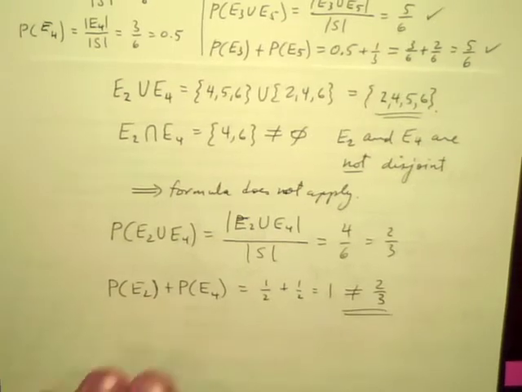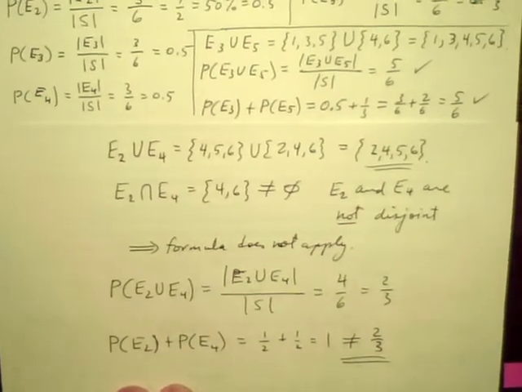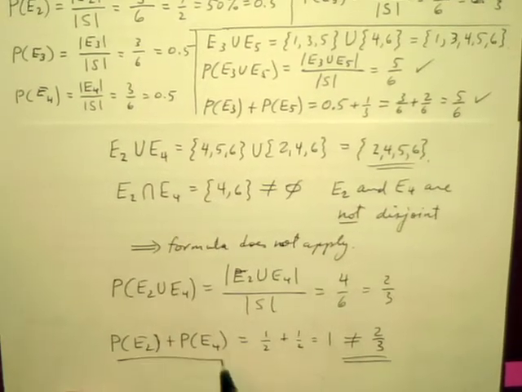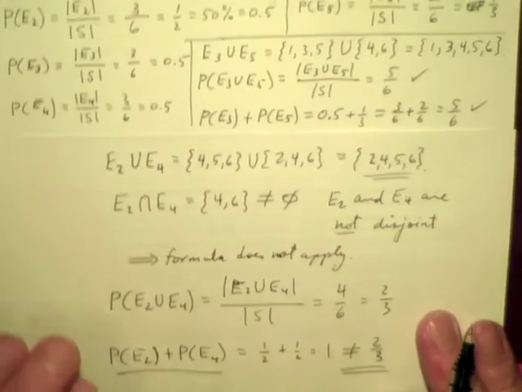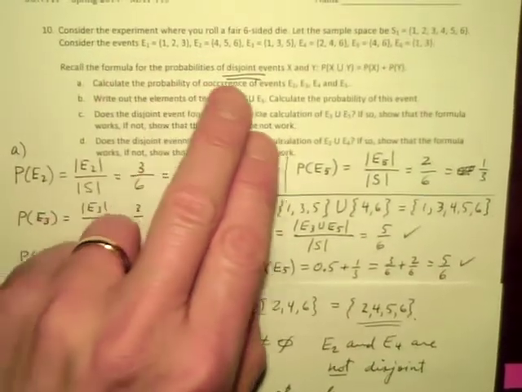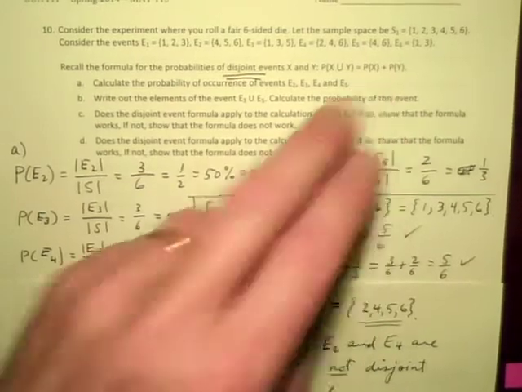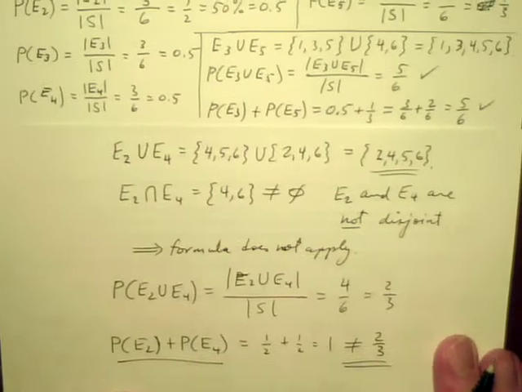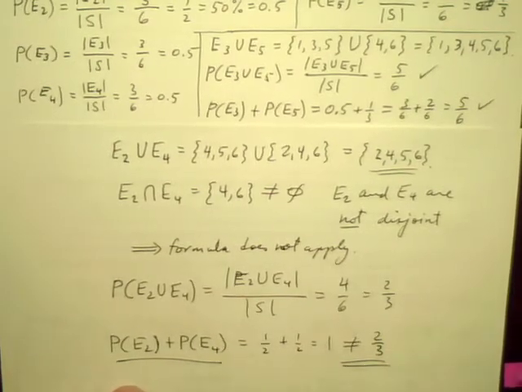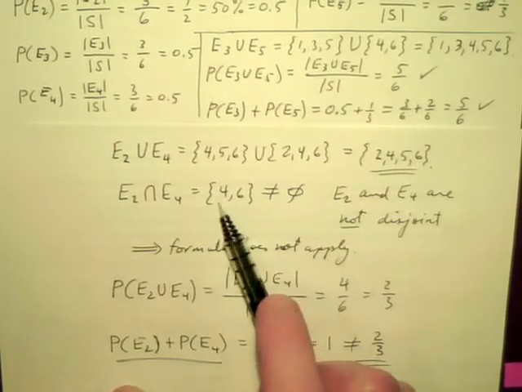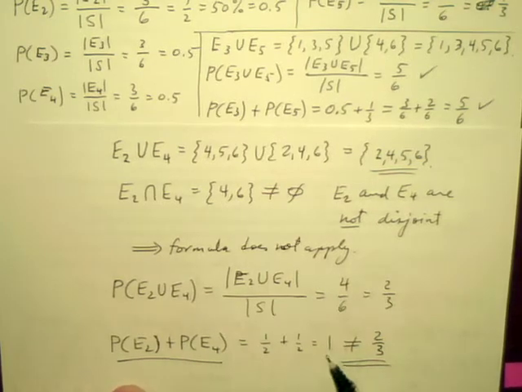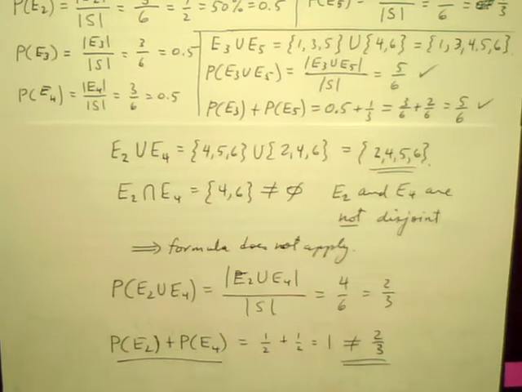And so that demonstrates that this sum rule, or the probability for disjoint events rule, does not work when they're not disjoint. Okay? Here we double counted the 4 and the 6, and that caused our probability to be way too high. Okay? So that's problem 10.